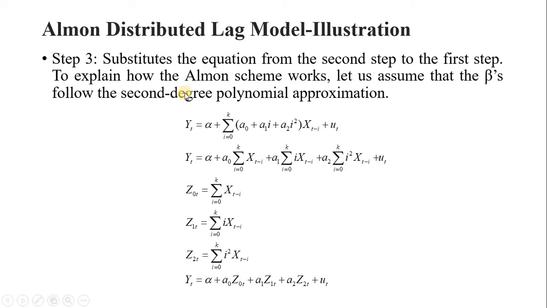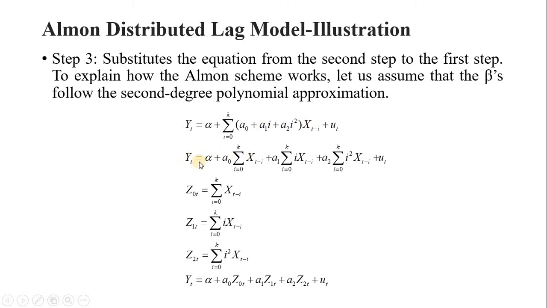This was our equation: yt is equal to alpha plus sigma beta i xt minus i plus u. Instead of betas we have substituted these values. Betas is nothing but a0 plus a1 i plus a2 i square, because we are assuming a second degree polynomial. Now multiply all these with xt minus i.